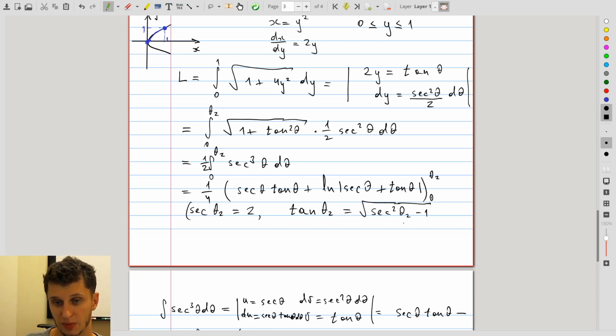Yeah, and so this gives me what value again? This gives me square root 3 for tangent. Wait a second. Oh, that's not, I'm sorry, okay, so that makes sense actually.